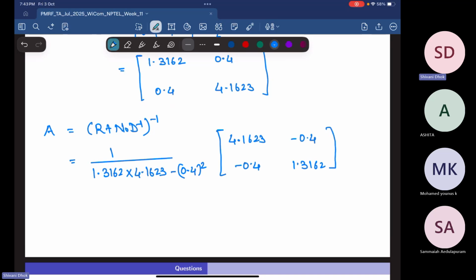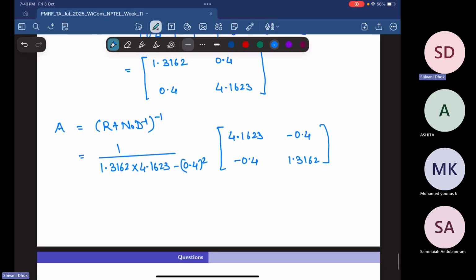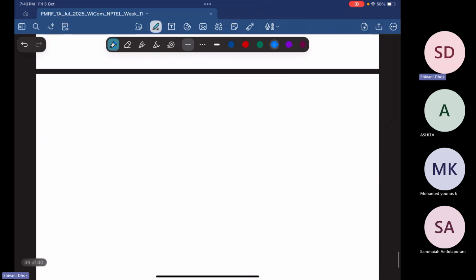Okay. So now finally we can plug in those values in your estimate.